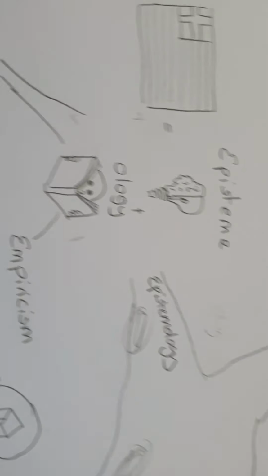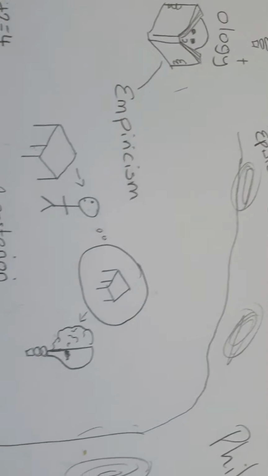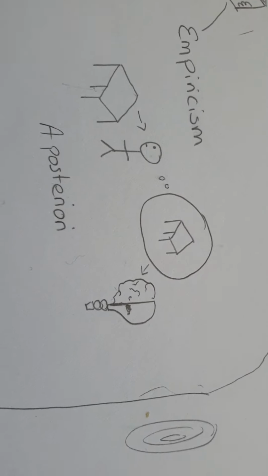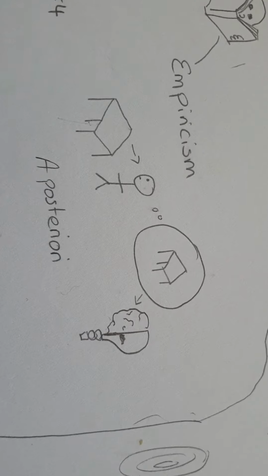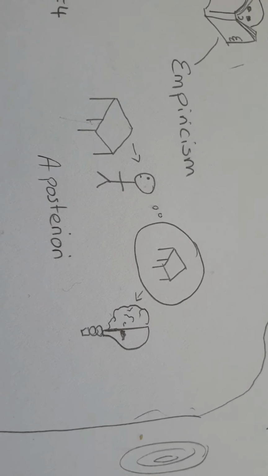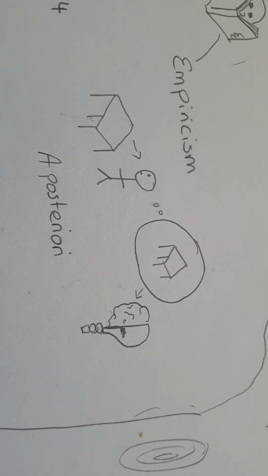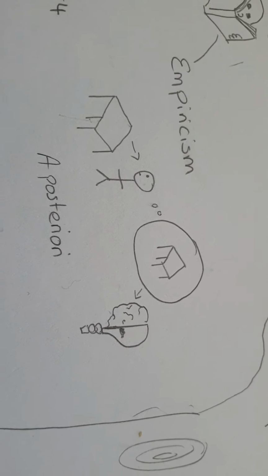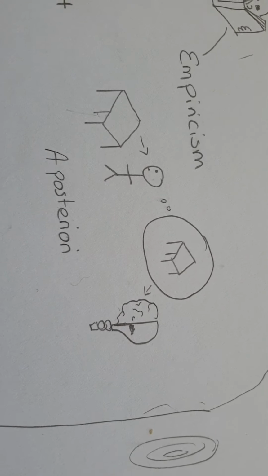The other branch, the main school of thought within epistemology, is empiricism. So empiricists believe the opposite of rationalists, essentially. They believe that all of our knowledge comes from experience. So we can't have any knowledge at all without having some experience of something first.